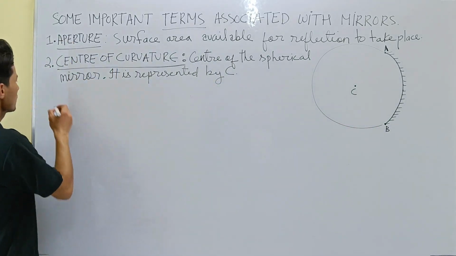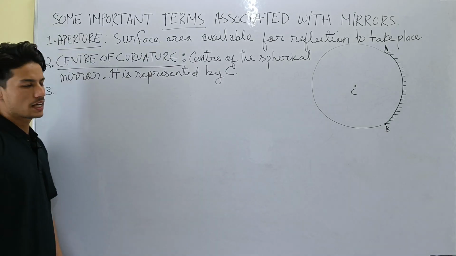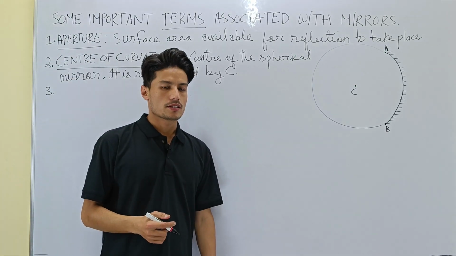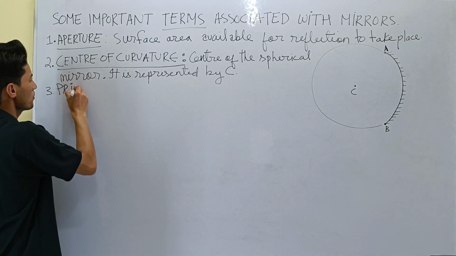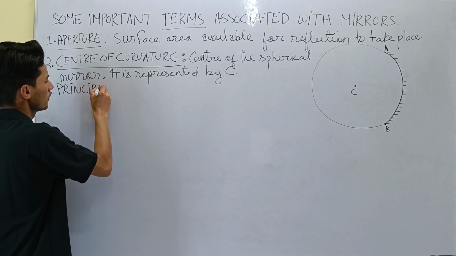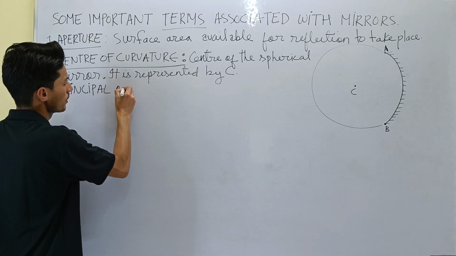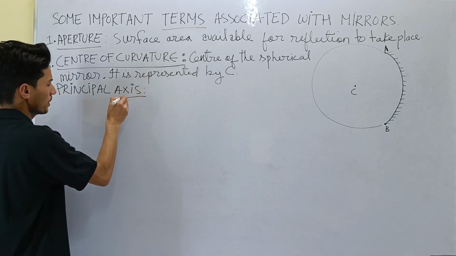Now, after this, the third term that we will study is the principal axis. So what is this principal axis?